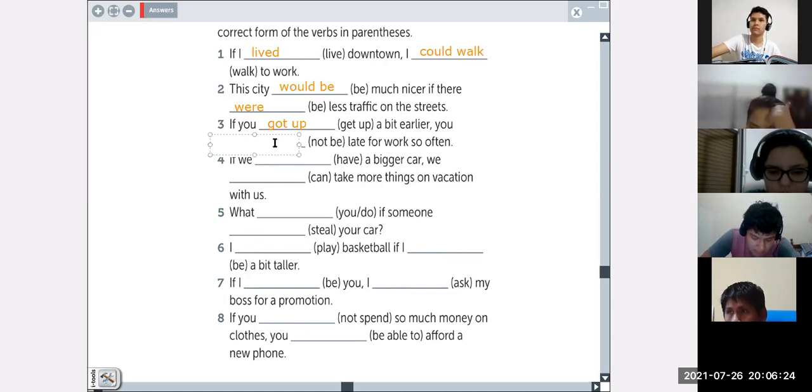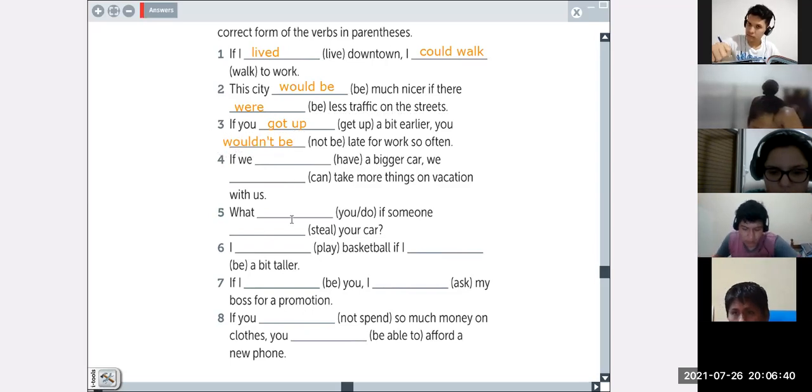I guess in this sentence it's better if we use wouldn't or might not because of the sense, maybe. If you wouldn't be late for work so often. Very good. Let's go to the next one, please.